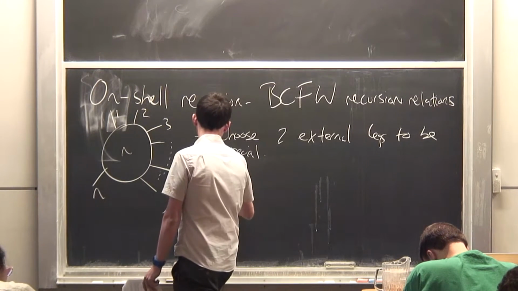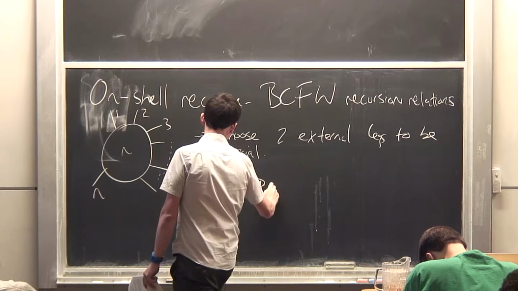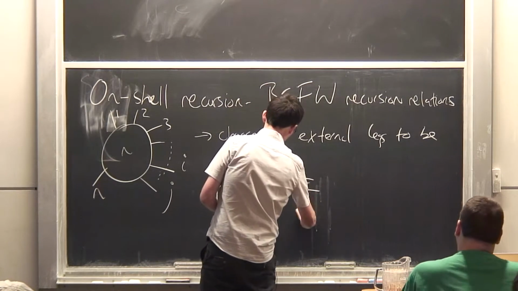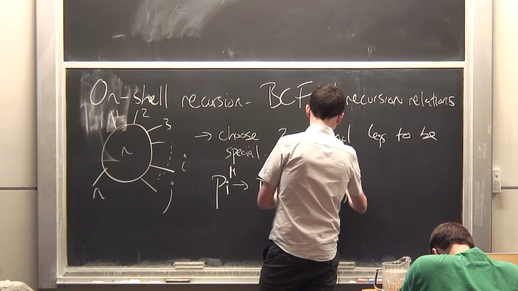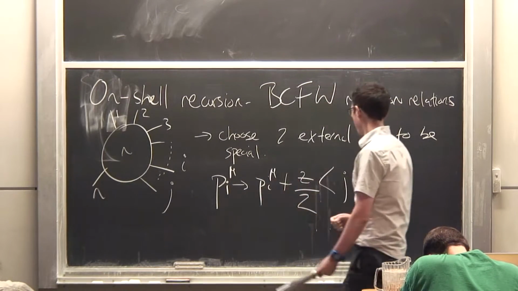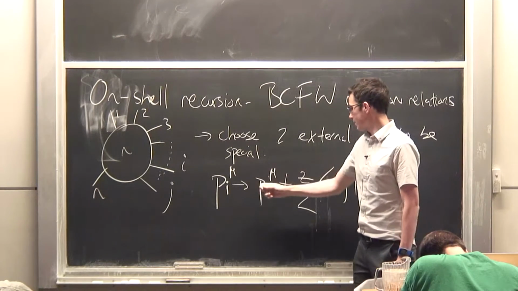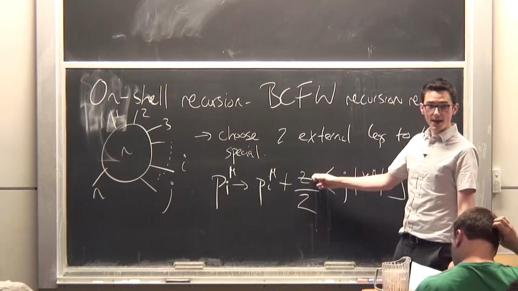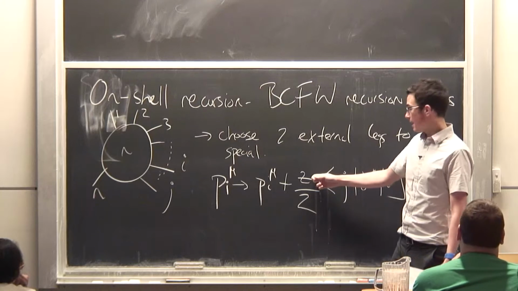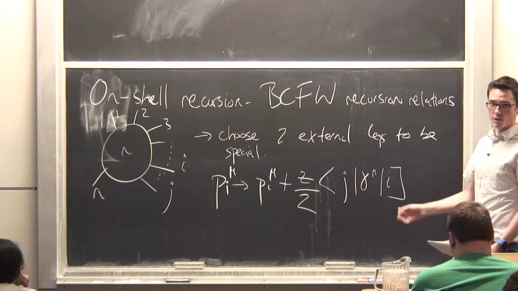We take p_i and replace it by the original vector plus this funny object: p_i goes to p_i plus z over 2 times a vector that is not a real Minkowski vector.